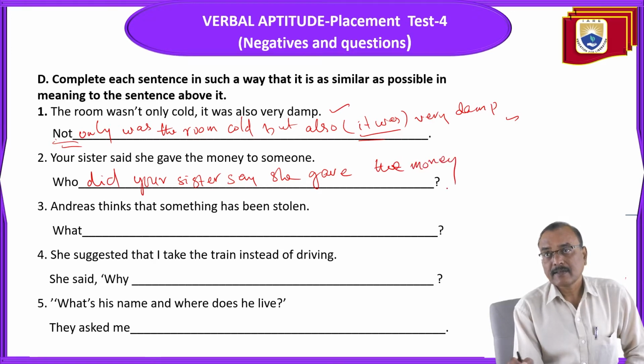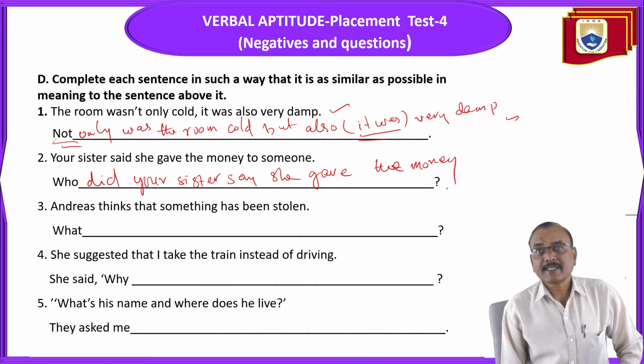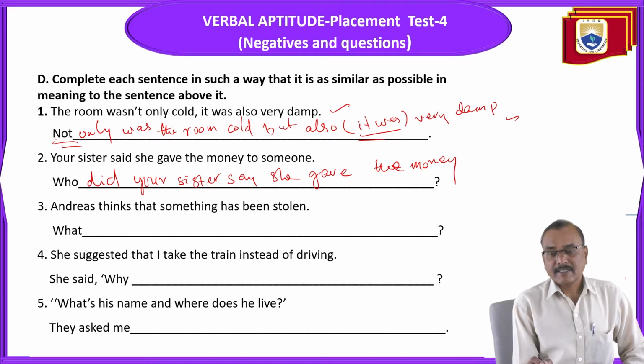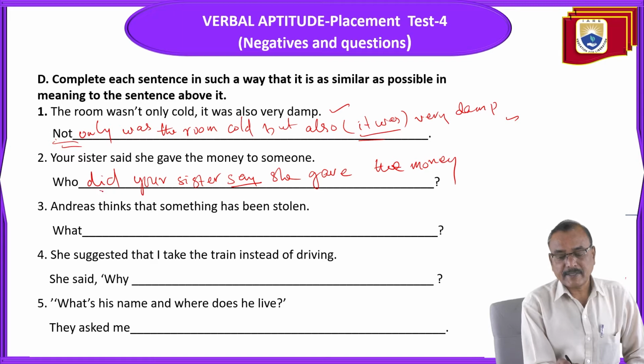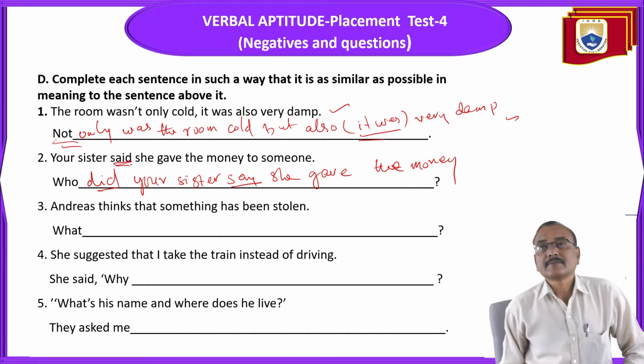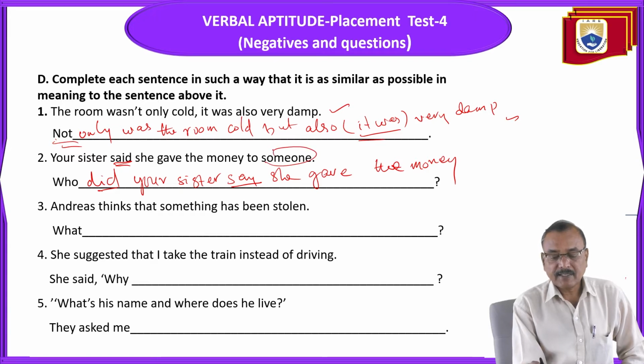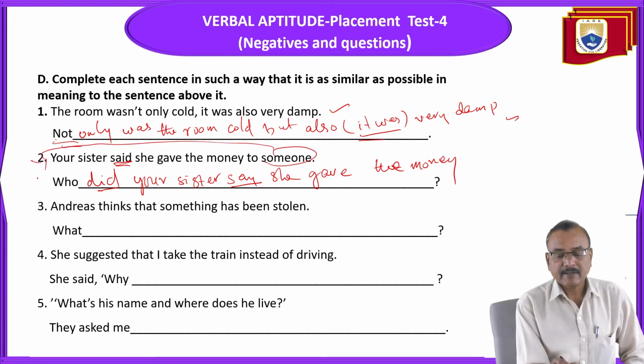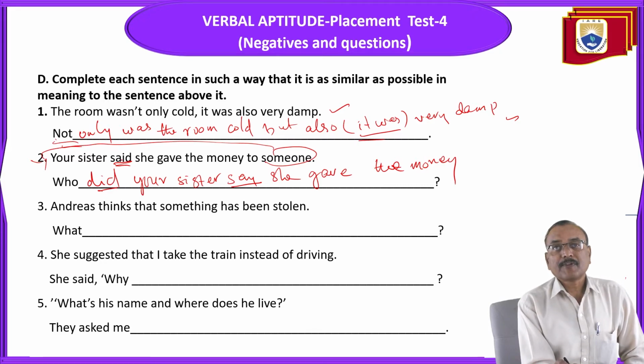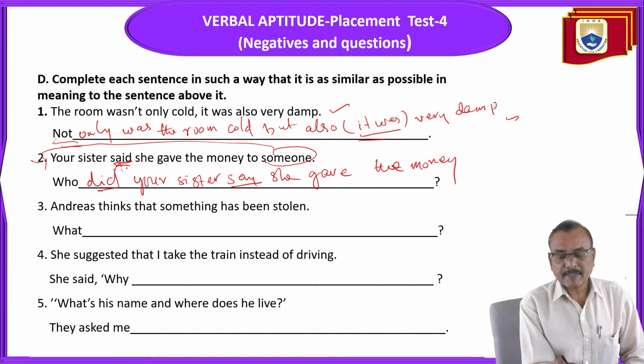Check it. Who did your sister say? Right? So here say plus did becomes said. In the place of someone, it is coming here: who. So said is the combination of did plus say.